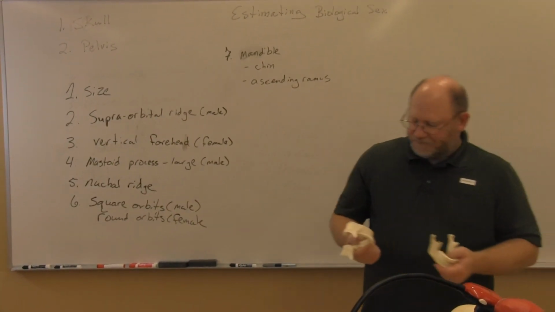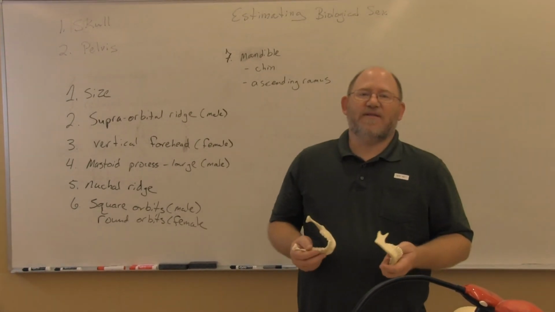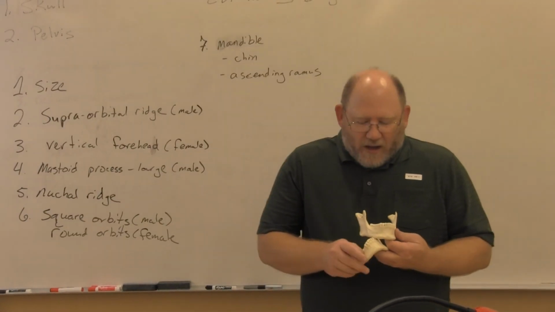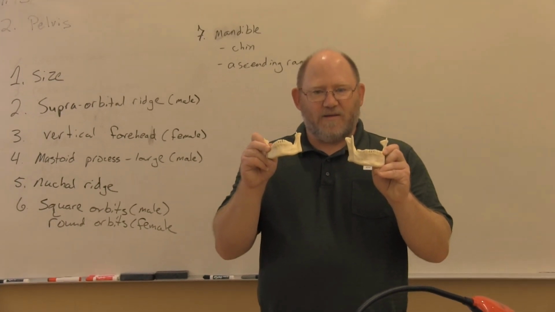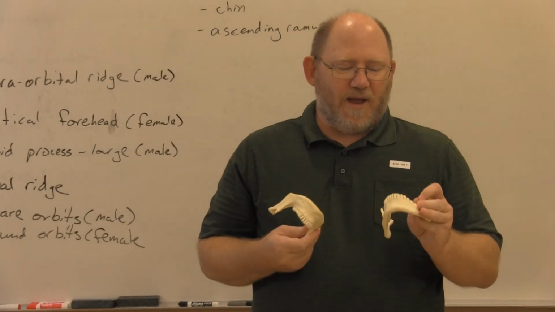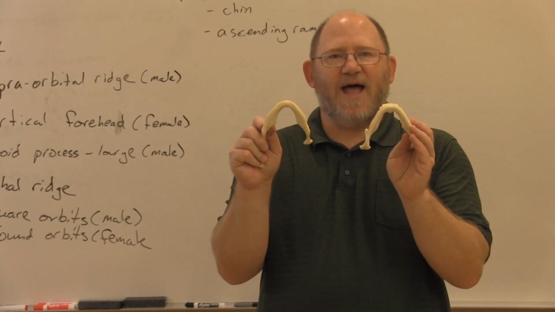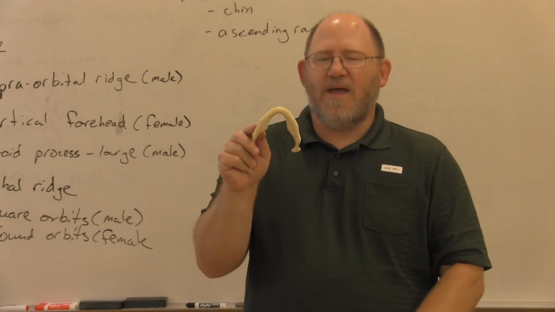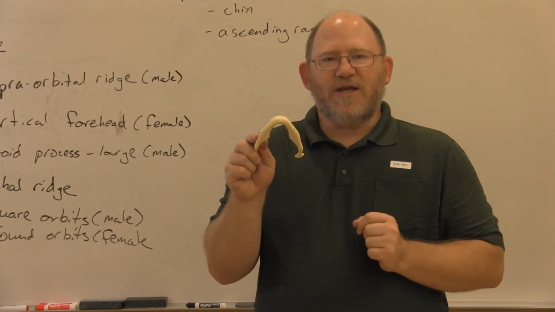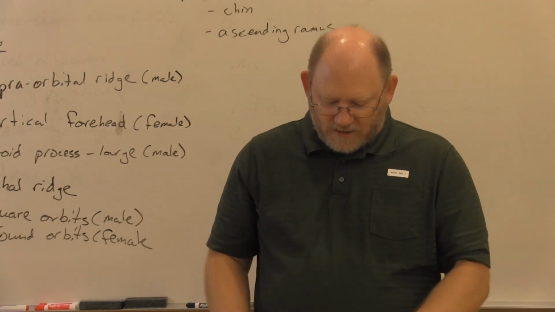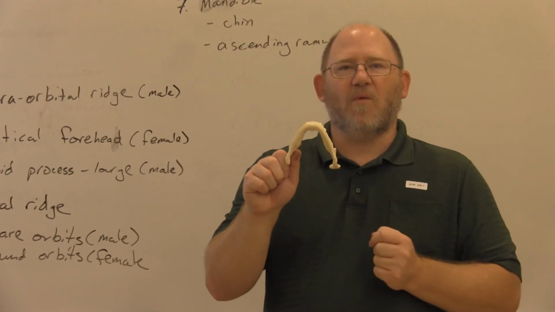The first one is how squared versus how rounded the chin is. In some cases, it's obvious to look at it from in front. But often instead it's better to look at it from the underside of the mandible. In females, in general, the shape of the chin at the front is going to be a little bit more rounded, where the shape of the chin in males is going to be a little bit more squared.